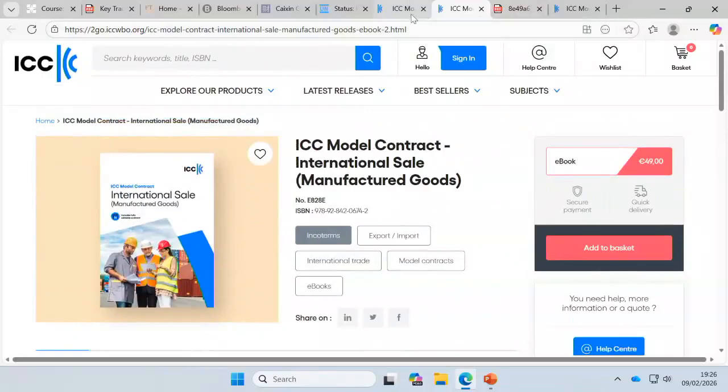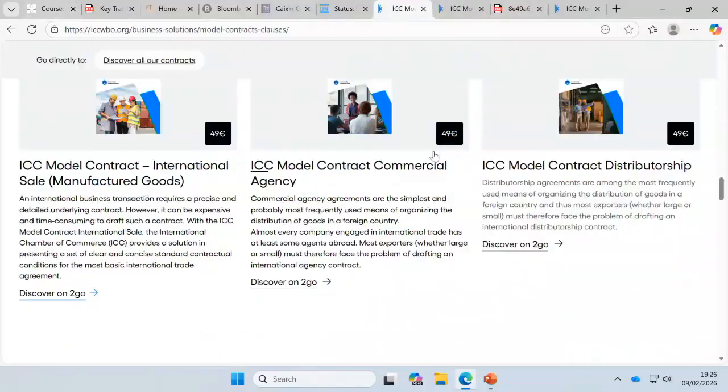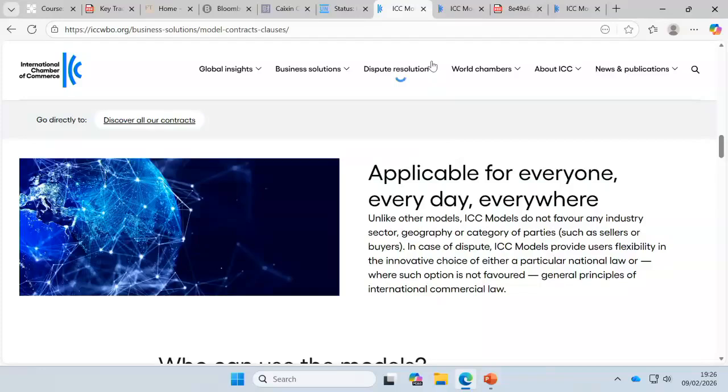And as I said, we think about the ICC, in addition to business solutions, this idea of the Incoterms, standardized contracts. We're also going to see provisions around letters of credit.